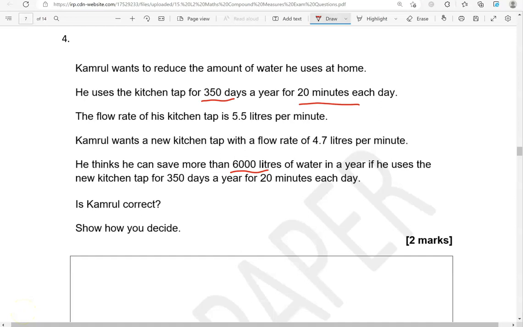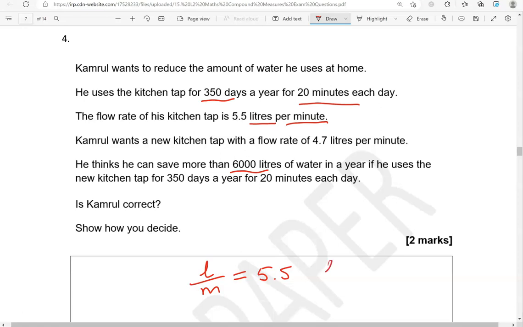So we're working with the flow rate, but do we know how to work out the flow rate? This here, 5.5 liters per minute, tells us how to do it. Liters per minute. So that is equal to 5.5. This is going to help us work out how many liters he uses in total, because we don't know that.